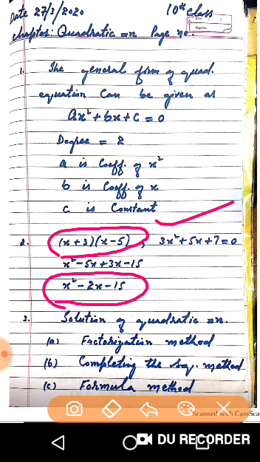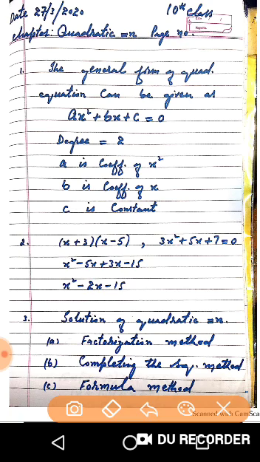If you get highest power 2, then you will say it is a quadratic equation. But here it is not a quadratic, it is a polynomial. So you can write it equal to 0, then it becomes a quadratic equation. This is how you can check whether a given question is a quadratic equation or not.